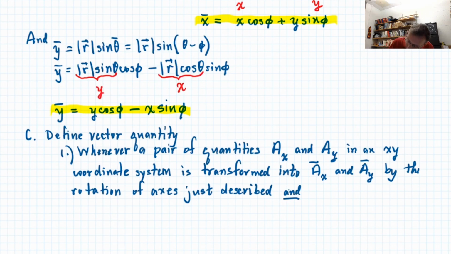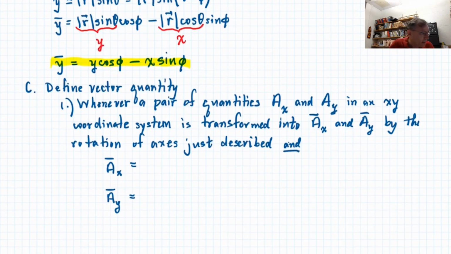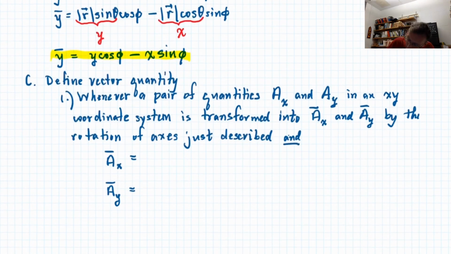And here's the relationship for Ax bar and Ay bar in terms of the original quantities Ax and Ay and the angle phi. Namely, Ax bar must equal Ax times cosine phi plus Ay times sine phi. I'll number that equation 1.